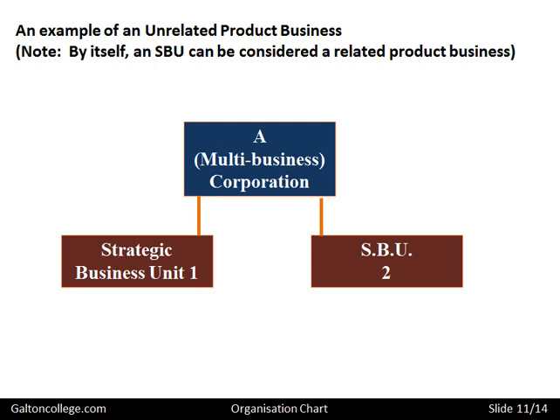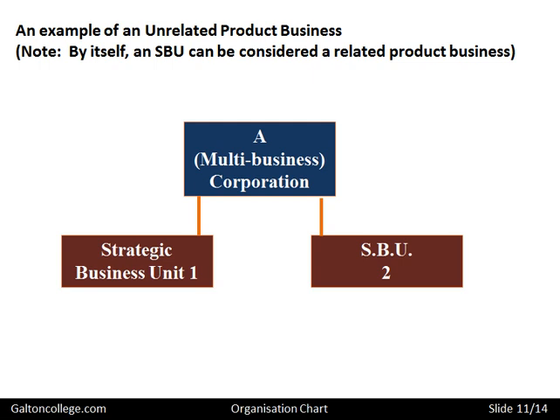Now, these strategic business units may be seen as independent businesses. They're independent businesses that feed back into the multi-business corporation. They are strategic business units that have responsibilities over certain businesses.